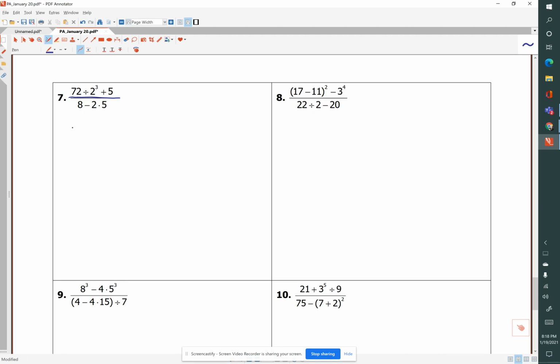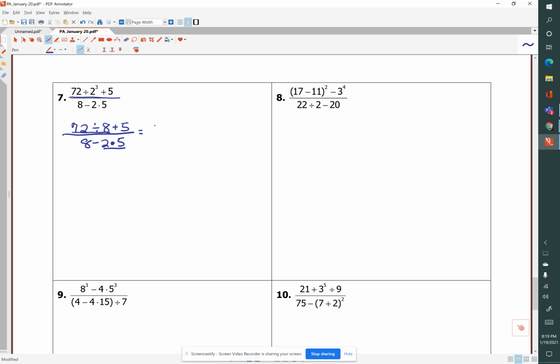So in the numerator, we have 72 divided by 2 to the 3rd power. 2 times 2 times 2, that's 8, plus 5. And the denominator, 8 minus 2 times 5. So the next thing we're going to do is divide 72 by 8, and we're going to multiply 2 times 5.